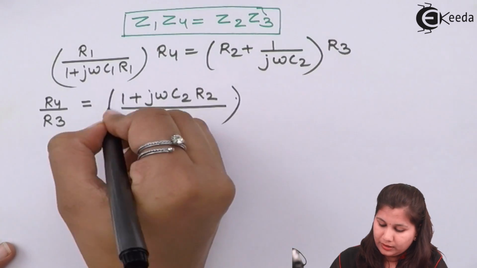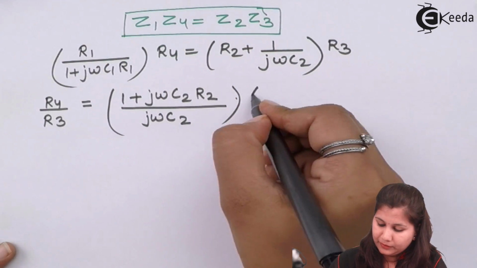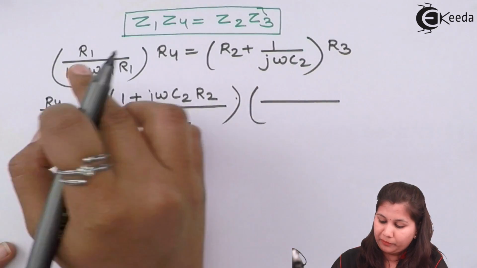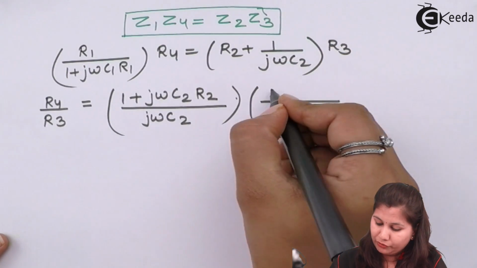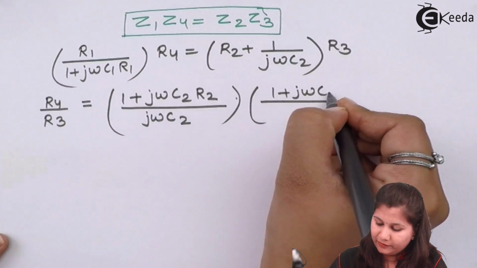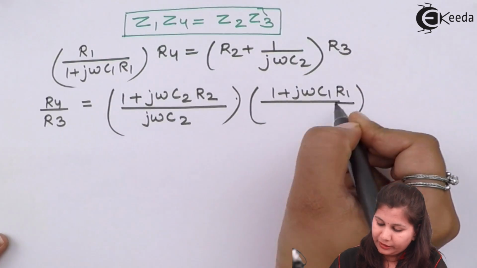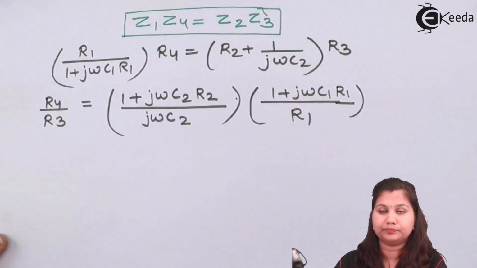This will be cross multiplied. The denominator will become the numerator, so it will be 1 plus j omega C1 R1 divided by R1.